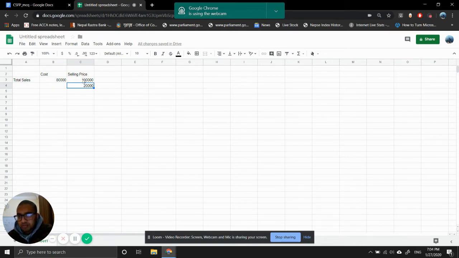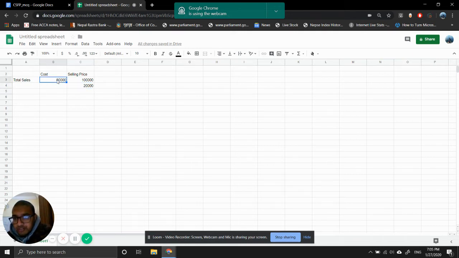You can compute it from this selling figure itself, but what I normally do is put the cost on the side and then the selling price, so I know this is the cost, this is the selling price, this is the profit. While looking at these two figures, I know it will be 20,000. Sometimes you might make a mistake, like multiplying by 100 or whatever, so it's pretty easy to identify. That's why I do it.